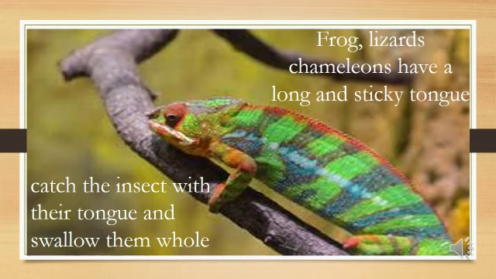Some children might have the doubt, what is a chameleon? A chameleon is a kind of lizard that can change its color according to the surroundings. These chameleons also have a sticky tongue, which means when they bring their tongue outside, the insects get stuck to their tongue.